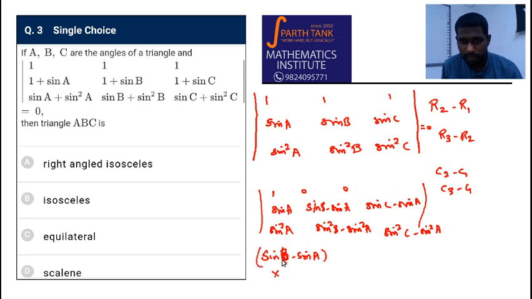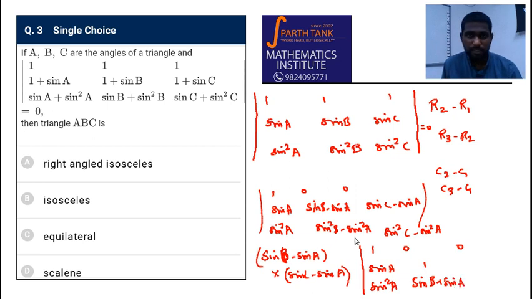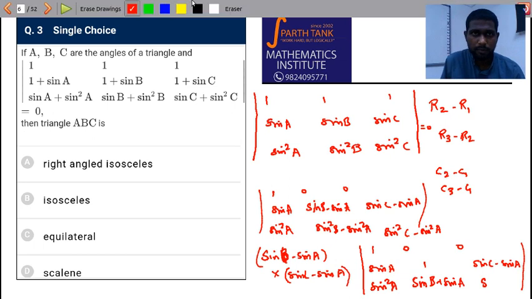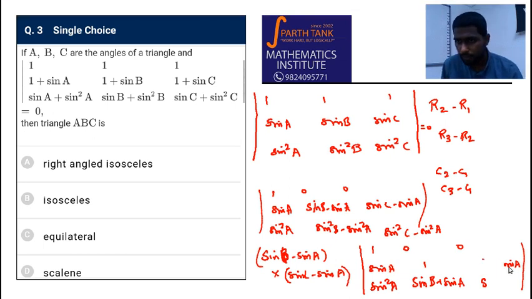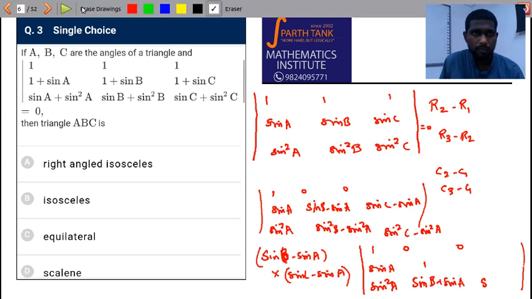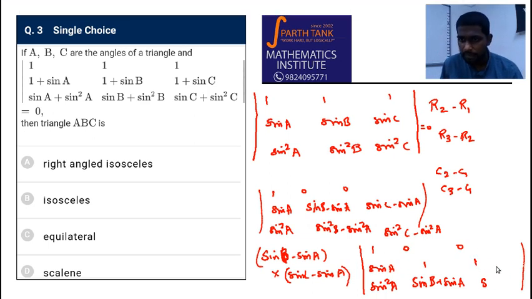I would get 1, 0, 0; sin A, 1, 1; sin squared A. Here I get sin B plus sin A, because it's a squared minus b squared, a minus b times a plus b. And in the third column, I have taken the common factor out, so this becomes 1, and I get sin C plus sin A.